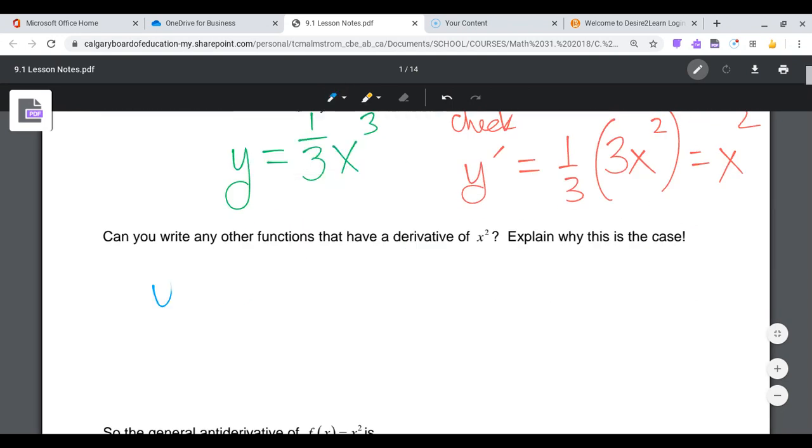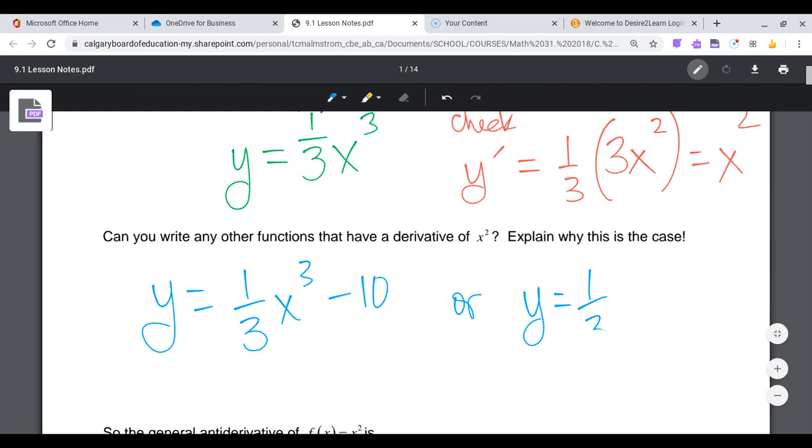So what if I wrote y is equal to 1/3 x cubed minus 10? Would that work? Well, yes, because the derivative of a constant is 0. Or what if I wrote y is equal to 1/3 x cubed plus pi? Well, yes, because pi is a constant as well.